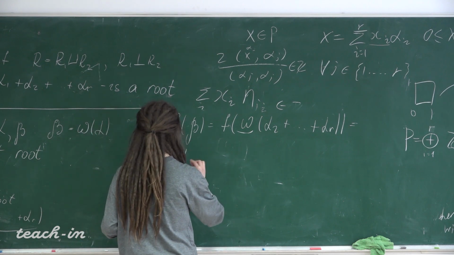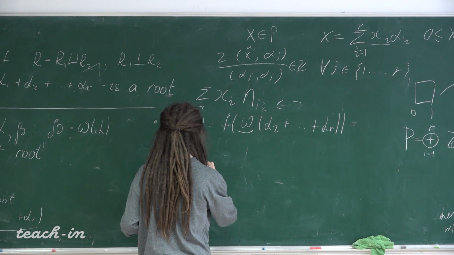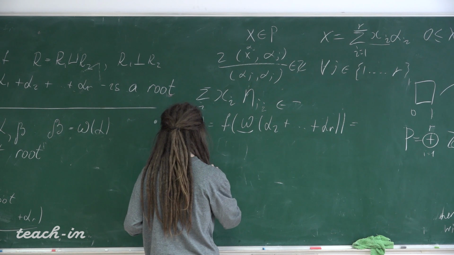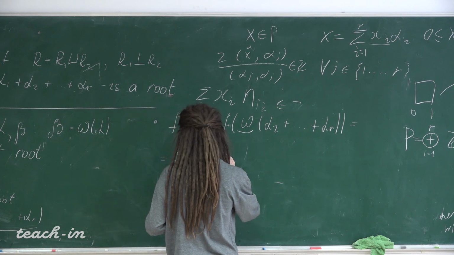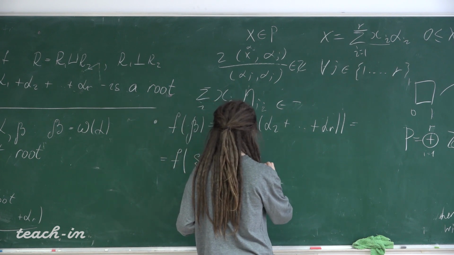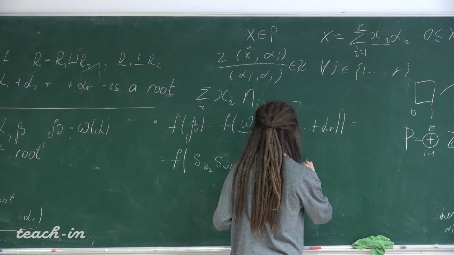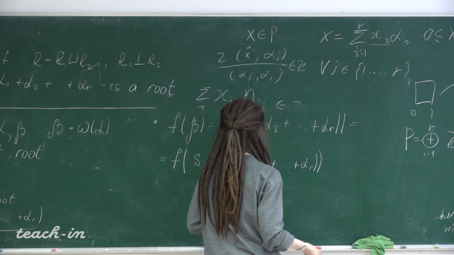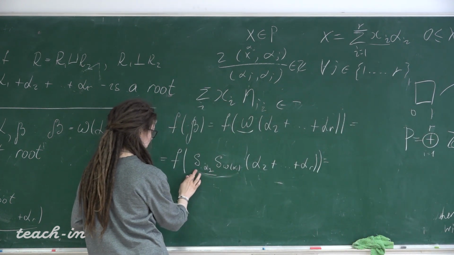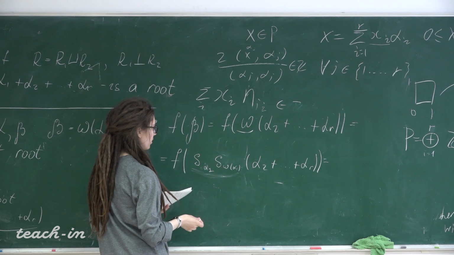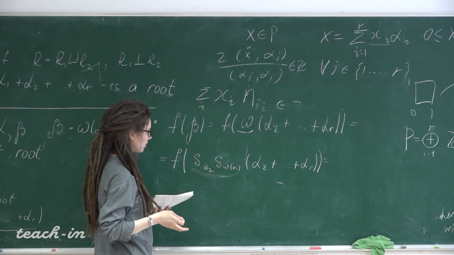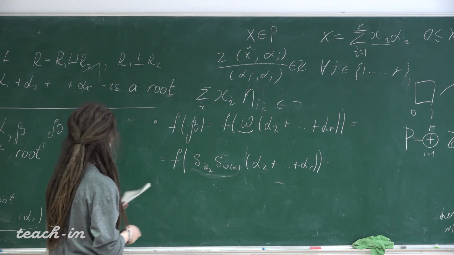Yes, so we can rewrite it in terms of simple reflections, like this, if I write it correctly. But why is the first one alpha 1? It's a product of some reflections.